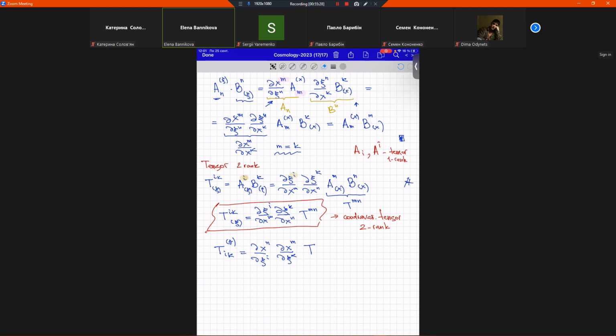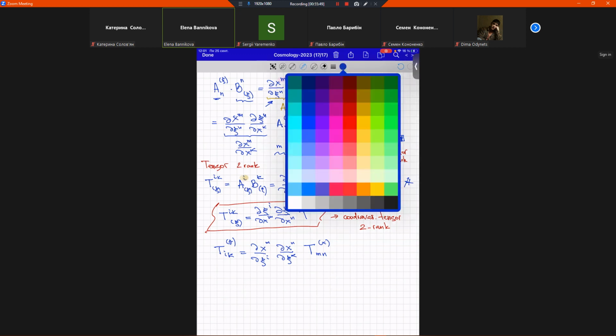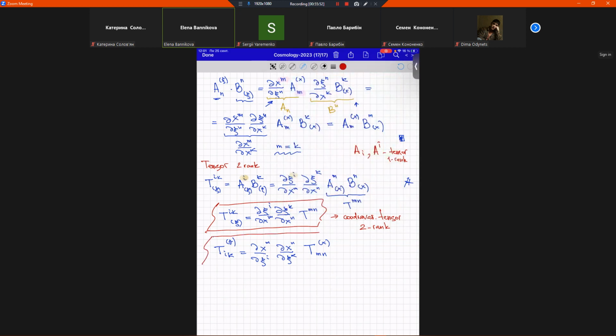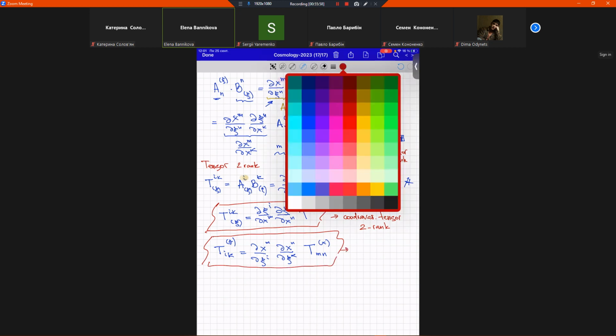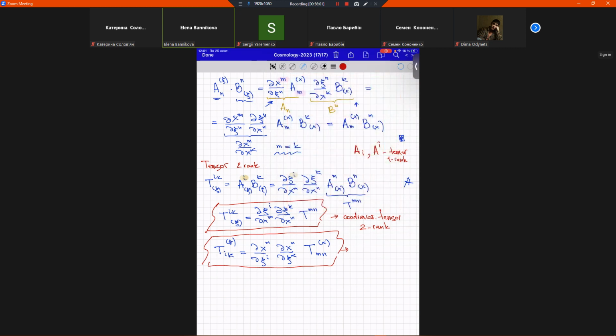It's better to write, similar to the formula above, m and n, since I can choose the summation index as I want. And here m, here n, T m n in reference system x. This is the transformation of the covariant tensor of the second rank.